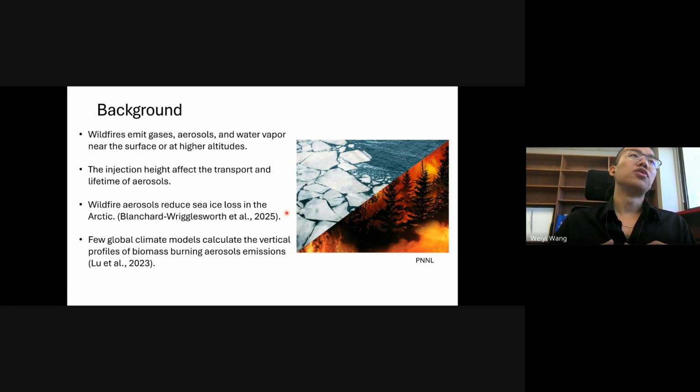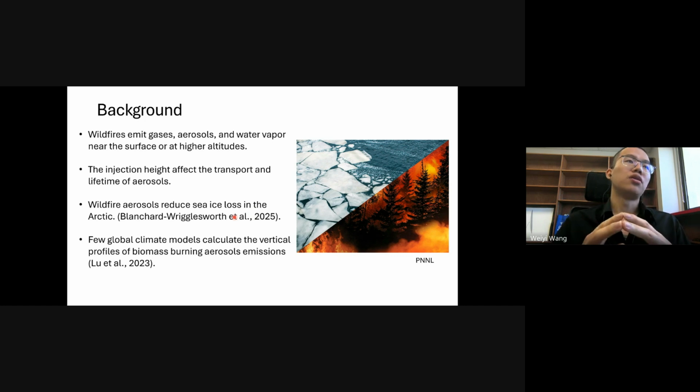These different injection heights can affect the transport and the lifetime of aerosols, which further affect the aerosol cloud radiation interactions. A recent study showed that when wildfire aerosols are transported to the Arctic from the boreal region, they could reduce sea ice loss and Arctic warming.